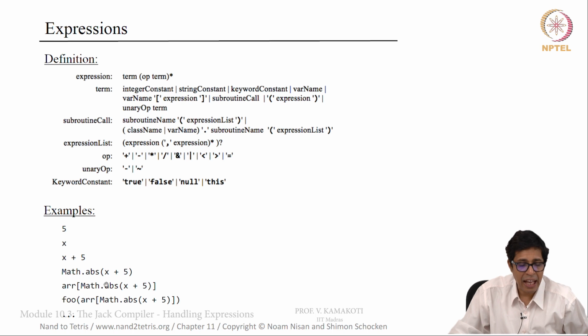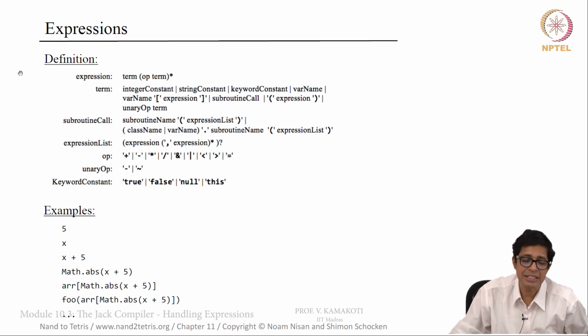So this ARR of this is actually a term, wherein ARR is a var name followed by the square brackets, and Math dot abs of x plus 5 is an expression, because this expression has one term, and that term in turn is a subroutine call, Math dot abs followed by an expression list.